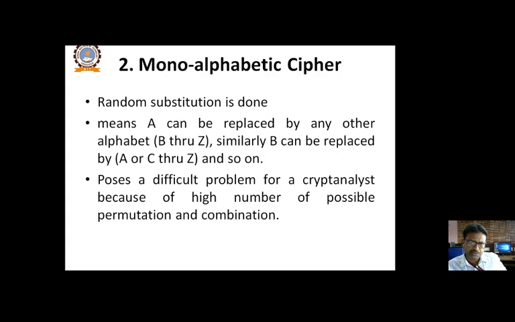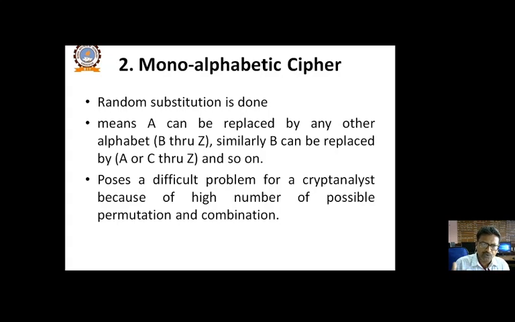So this method is better than the modified Caesar cipher, because the modified Caesar cipher was better than the Caesar cipher. But mono-alphabetic is better than the modified Caesar cipher because it poses a difficult problem for the cryptanalyst, who has to adopt a high number of permutations and combinations to crack the plain text from the ciphertext.